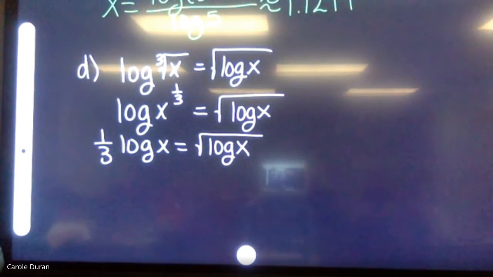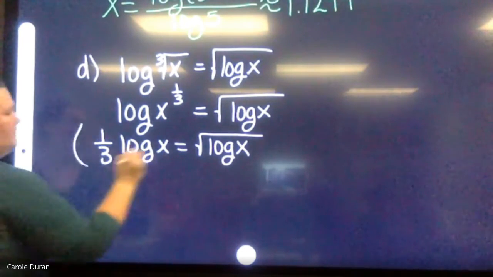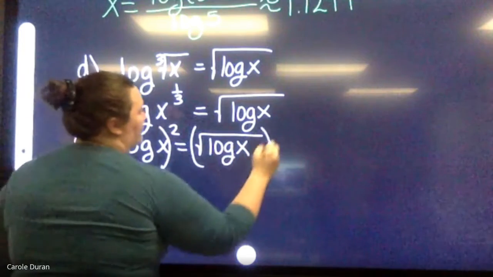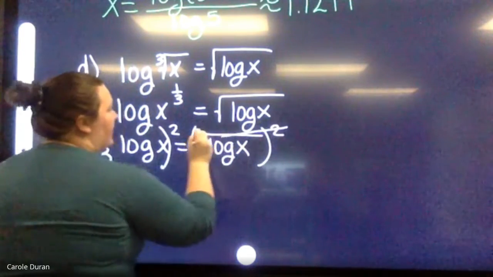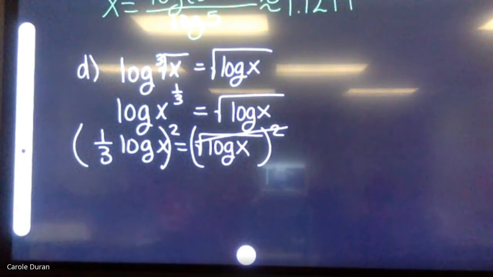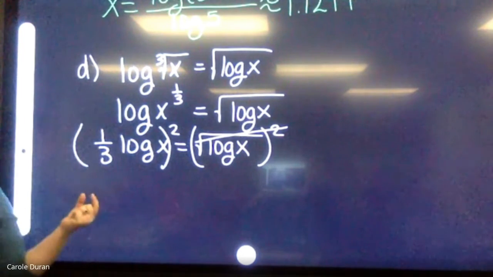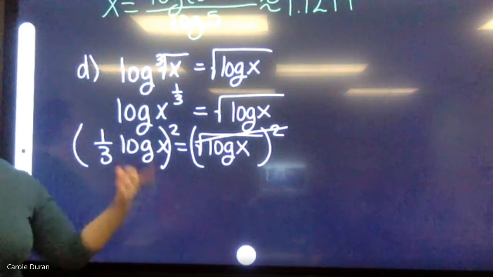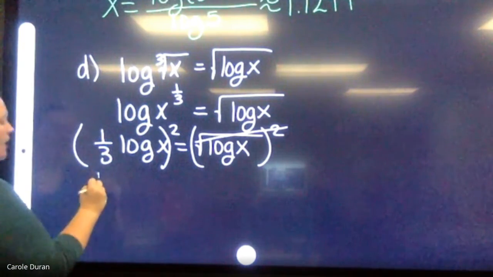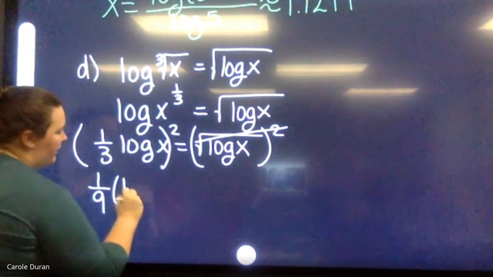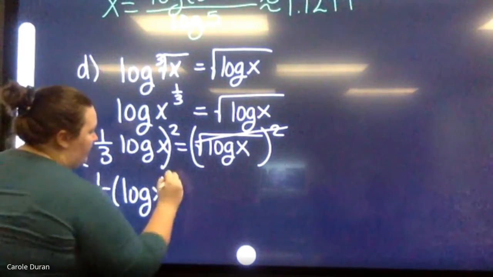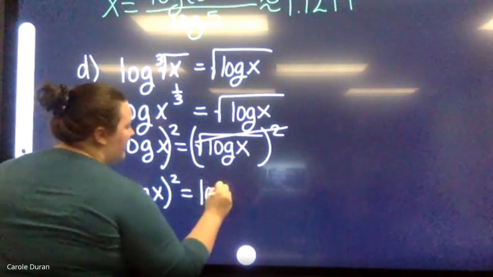Square both sides. When I square the right, the square and the square root cancel each other out, and it's just going to leave log of x. When I square the left, I'm squaring both the 1/3 and the log of x. So this becomes 1/9, parentheses, log of x squared, equals log of x.